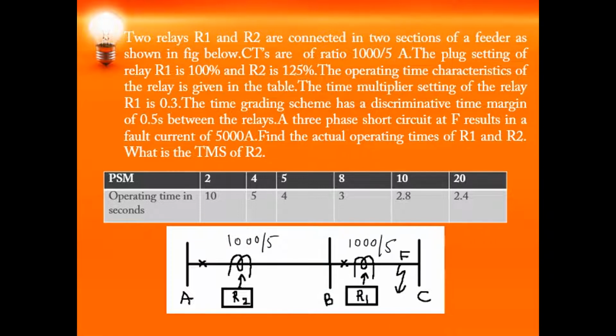So we'll write down the data which is given. CT ratio is given as 1000 by 5, which is equal to 200 for both the relays.